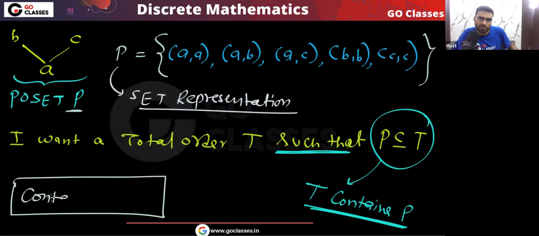This word contain is the same as subset. So remember, T contains P, that means P is a subset of T. Is this clear? Very simple point.